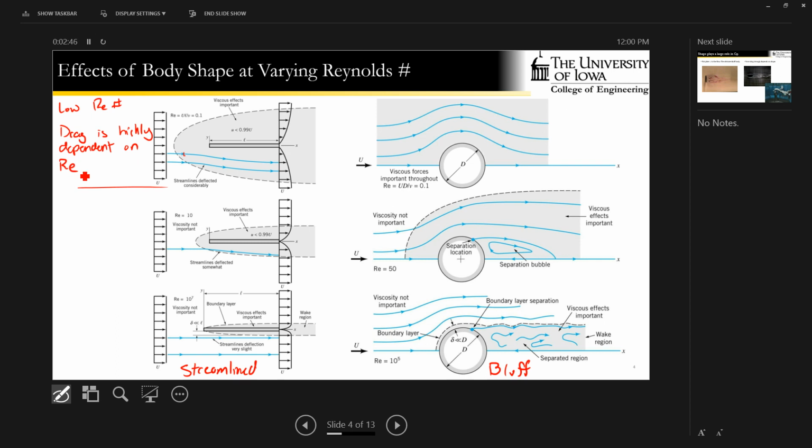And then at moderate Reynolds numbers, the drag is dependent upon both the value of the Reynolds number and the shape of the body. And at large Reynolds numbers, drag is dominated by the shape.